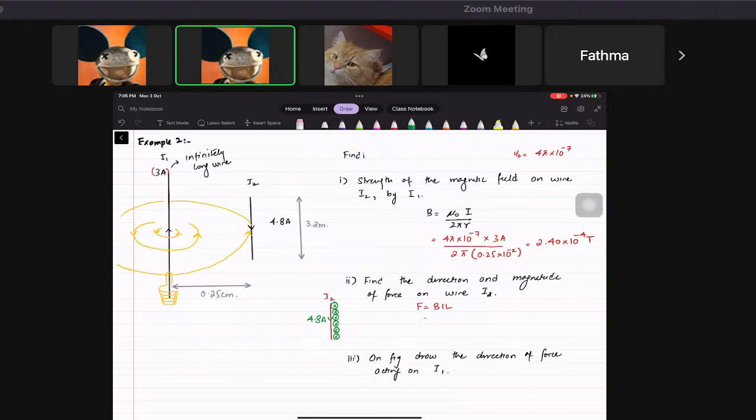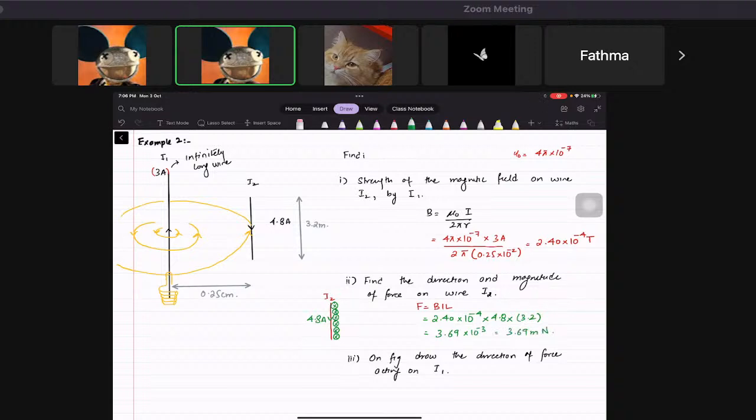So I'm going to use the magnetic field at that point, 2.40 times 10 raised to minus 4. The current was 4.8, and the effective length was 3.2 meters. That should give me about 3.69 times 10 raised to minus 3, which can be written as 3.69 millinewtons, right?